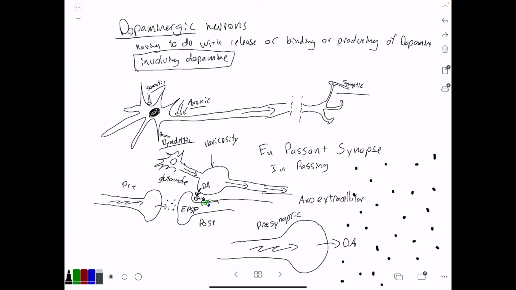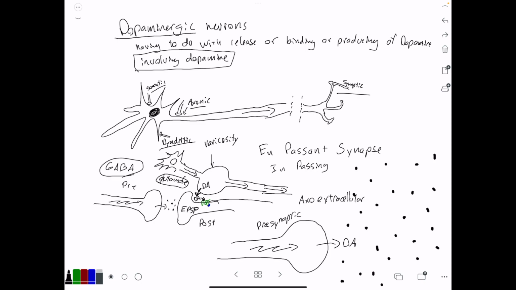What we're going to find is that unlike neurotransmitters like glutamate or GABA, our major excitatory and inhibitory neurotransmitters, respectively, dopamine neurons are very rare. There are very, very few neurons that produce dopamine, but they extend all throughout the brain.